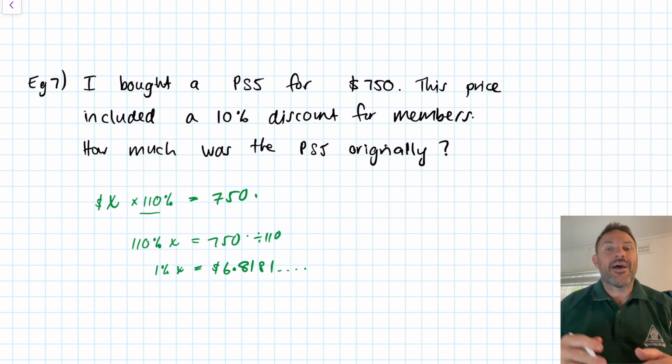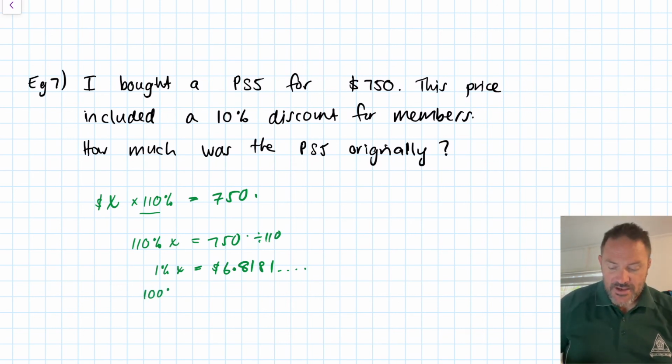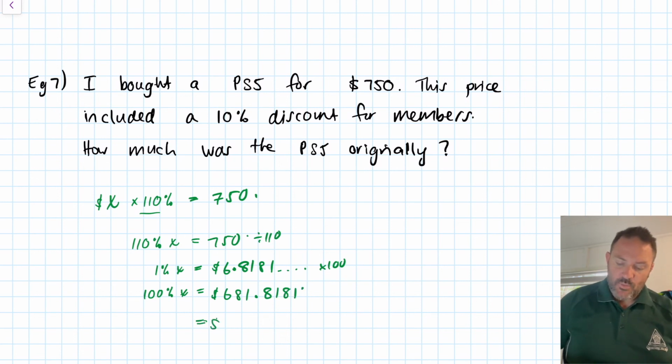Now, I want 100% of the price. So all I now do is I times my value by 100. I'm going to get 681.8181, which gives me a total value of $681.82.